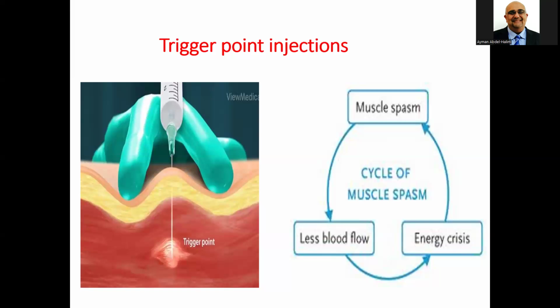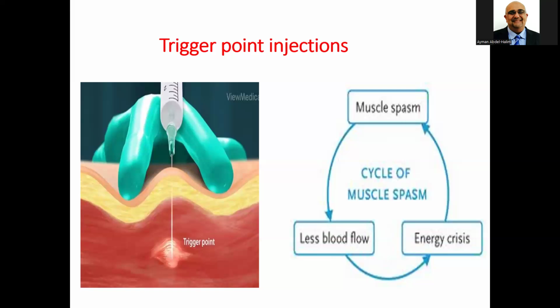You can basically treat a third of the patients coming to you in the clinic by knowing this simple procedure. So, what does the trigger point injection do? It breaks the muscle spasm, and this breaks the energy crisis, the ischemia the patient is having, and the pain. When you have a muscle spasm, you're reducing the blood flow to this area of the body, and of course, this will lead to energy crisis and pain.